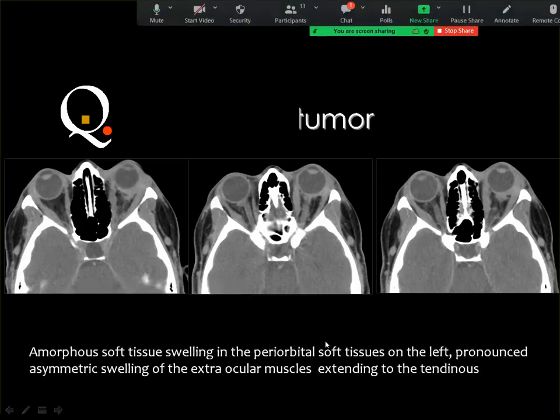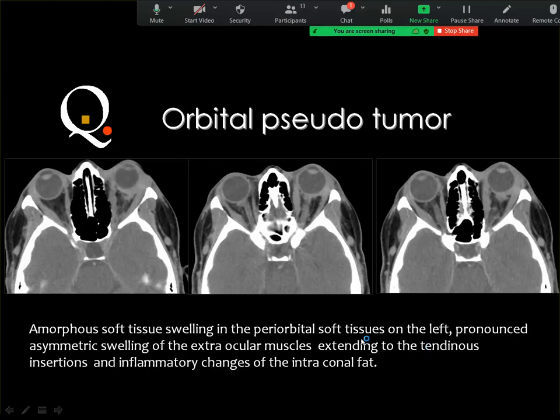This is an orbital pseudotumor. The classic appearances are present on the left side. There is reticulation of the intraorbital fat. There is swelling of the lacrimal gland, and you see some thickening of the posterior sclera and some prominence of the extraocular muscles.